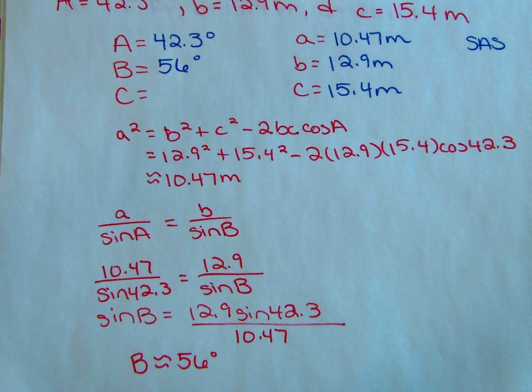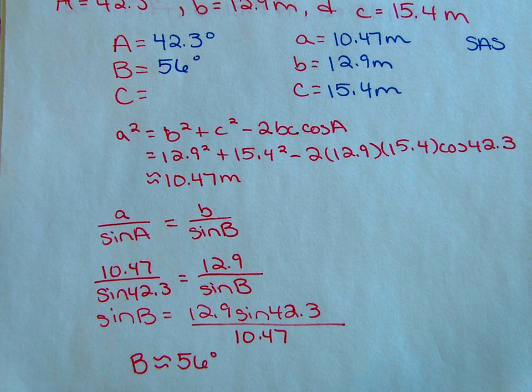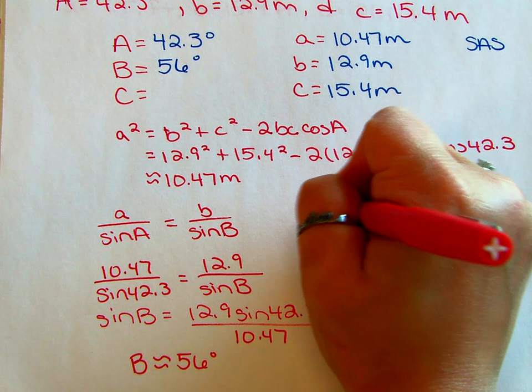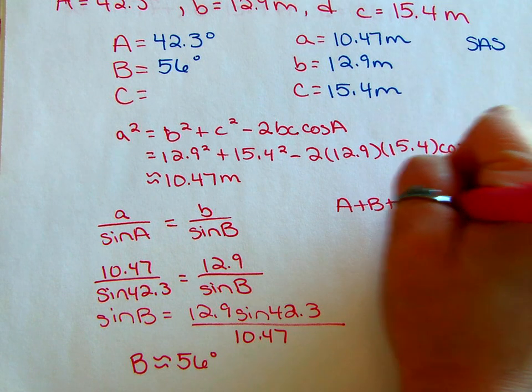So now we have almost everything. Theoretically, you can do the law of sines again, using A over sine A equals C over sine C, and you can do the exact same process again in order to get what C is. I think using the interior angles that equal 180 degrees is a lot easier because you're doing addition and subtraction instead of all this multiplying, dividing, sine inverse. So if I'm ever given the option where I can do A plus B plus C equals 180, I'm probably going to do that over the law of sines.